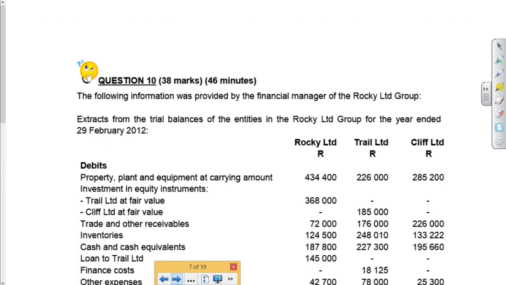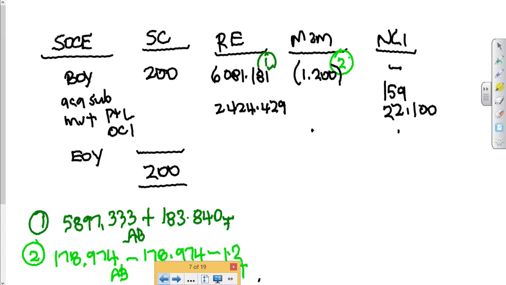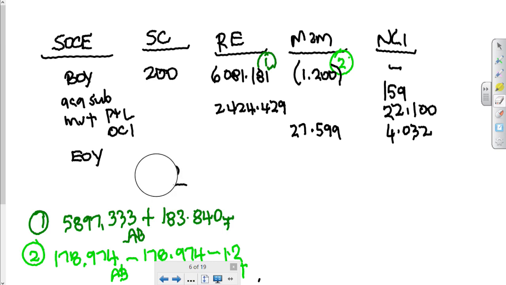Okay, so then if I go back to my statement of changes in equity, which is still here, then here I have 4032 and here 27599. Okay, movement, P&L, OCI. Make sense? Okay, then I have dividends.